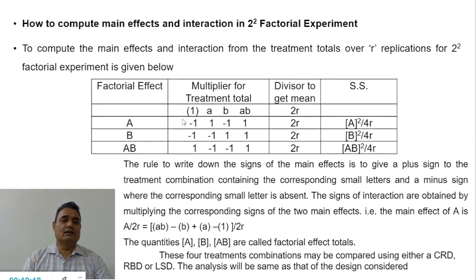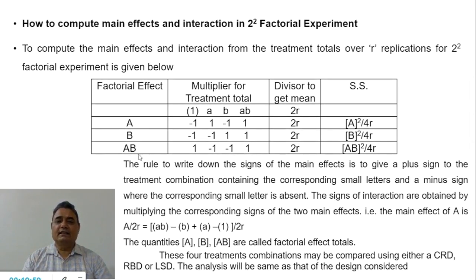Then these are the coefficients or multipliers of the treatment totals. Means in order to estimate A, I will multiply minus 1 with [1], plus 1 with [a], minus 1 with [b], plus 1 with [ab] and add, and divide it by 2R in order to get the estimate of A. And once this capital A is formed, we will square it, divide it by 4R, you will get the sum of squares due to A. Similarly, you can find out the sum of squares due to B and the sum of squares due to AB.